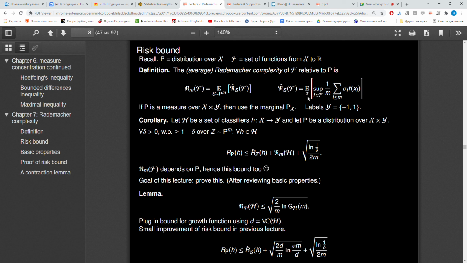It's a mathematical expectation of supremums of some scalar products divided by m and so on, and using the fact that our set G contains the zero function, we can easily say that all these supremums that we want to compute for the Rademacher complexity are always non-negative at least. So in this case, we can say the following.